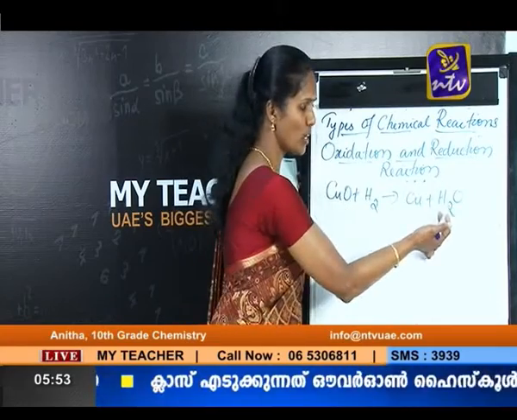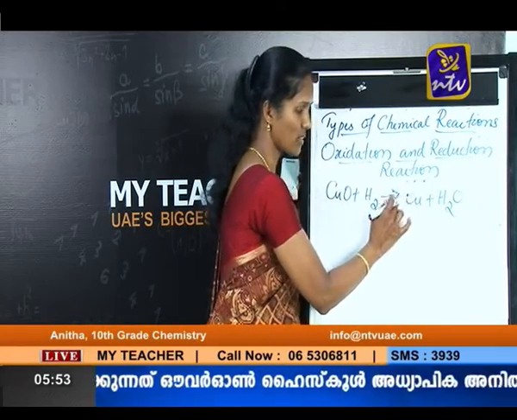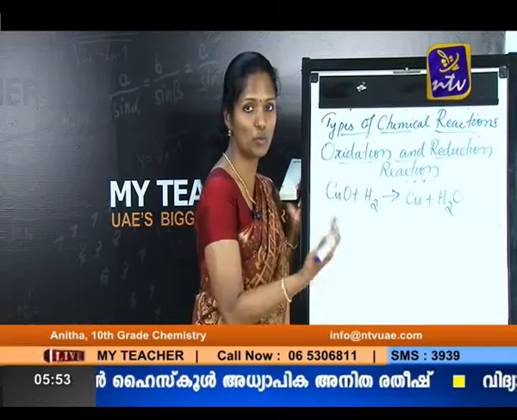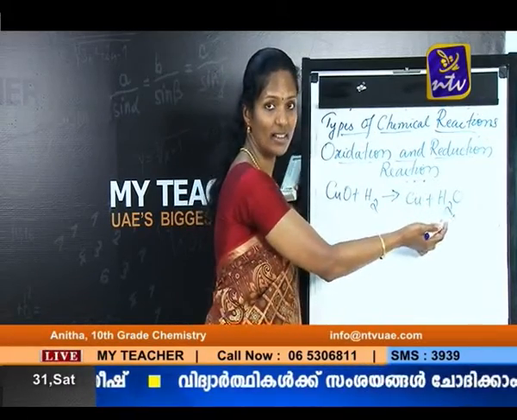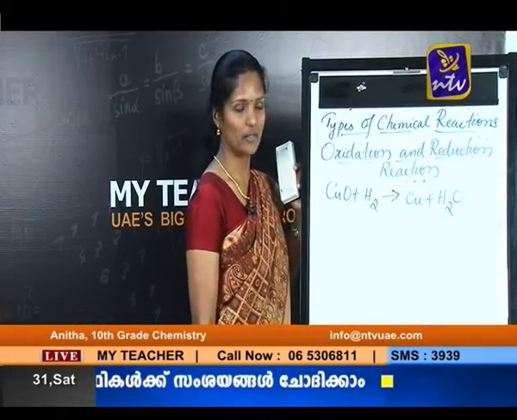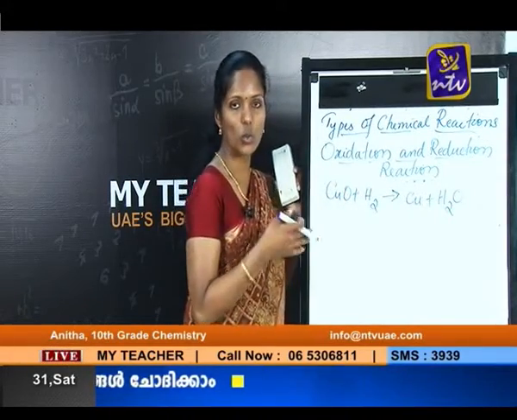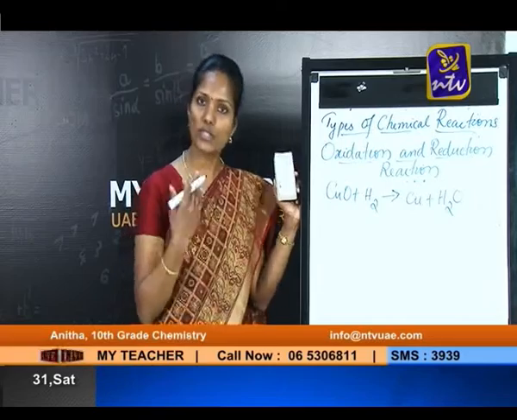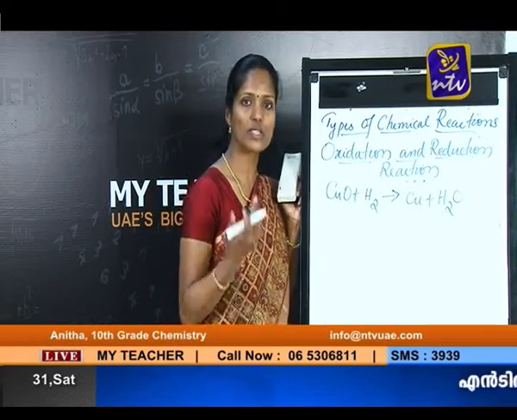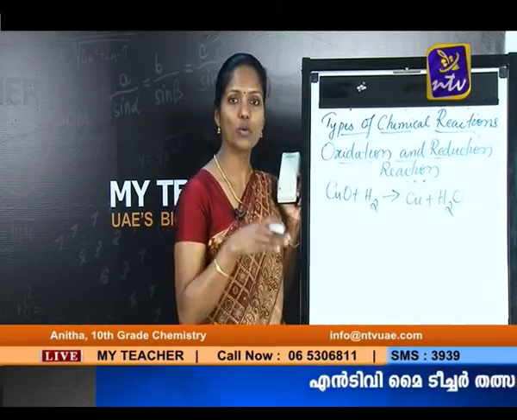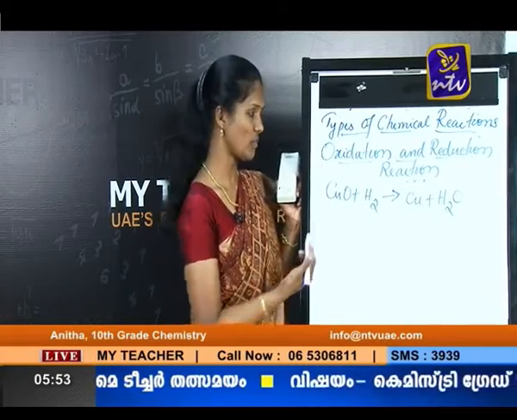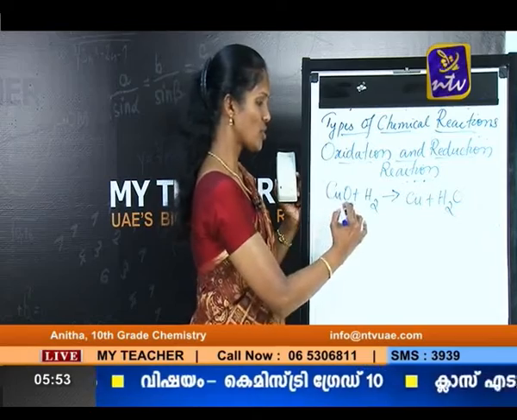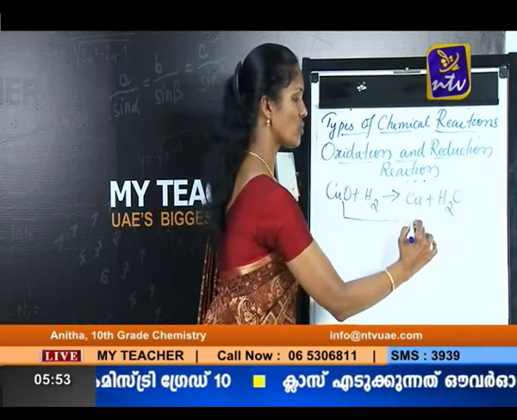When it moves to the other side of the arrow, that means to the product side, along with hydrogen, what is added? Oxygen is added. So, from this reaction, we have to identify which substance is getting oxidized, which substance is getting reduced, and which is the oxidizing agent and which is the reducing agent. So, here CuO to Cu.